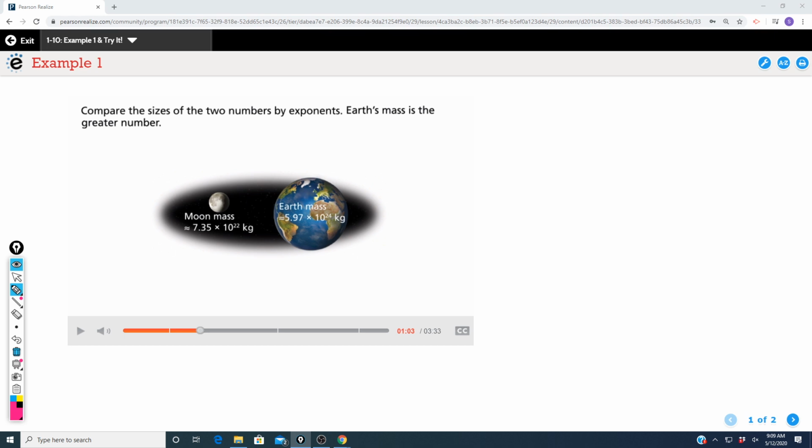But we can use scientific notation to do this. Here's the key. If I have two numbers here, we have the Earth at 5.97 times 10 to the 24th.